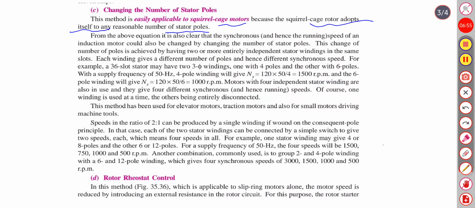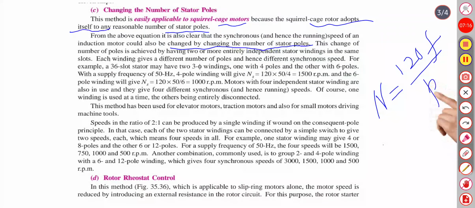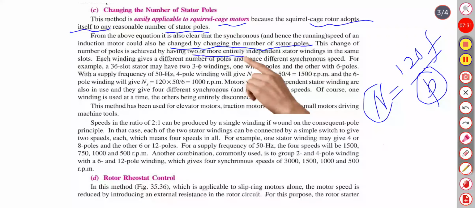From the equation, it is also clear that the synchronous speed of an induction motor can be changed by changing the number of poles, because speed is equal to 120 f by the number of poles P. This change of number of poles is achieved by having two or more entirely independent stator windings in the same slots.